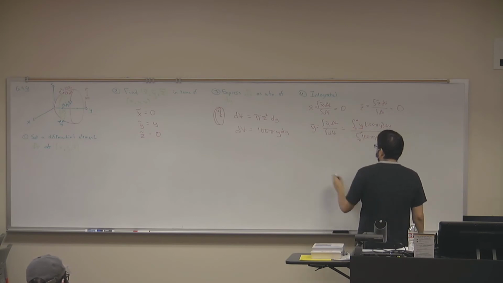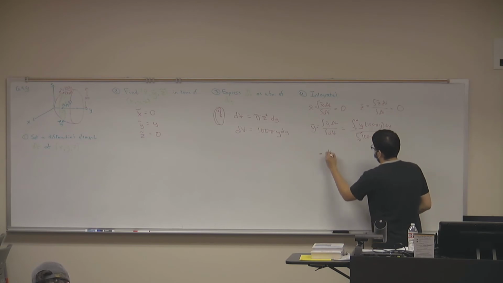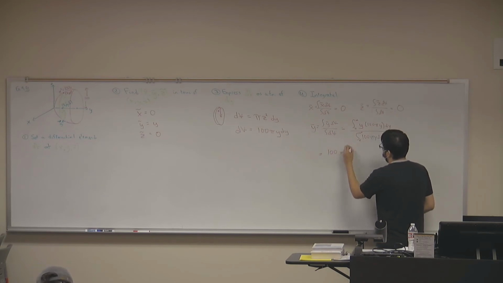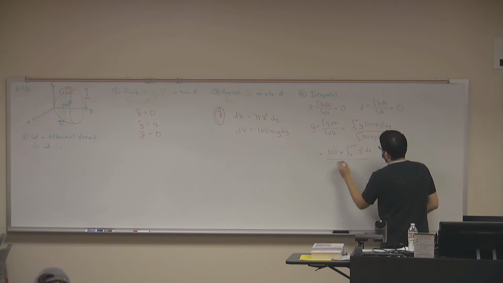Good. This is actually a pretty easy integral. Let's take out all the constants. 100 out, pi out. I get integral from 0 to 100. Y times y equals y squared dy. 100 out, pi out. Oh, look at that. Convenient.